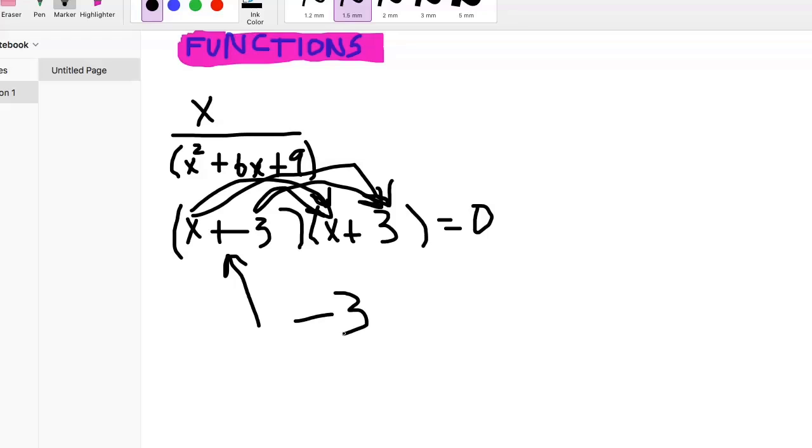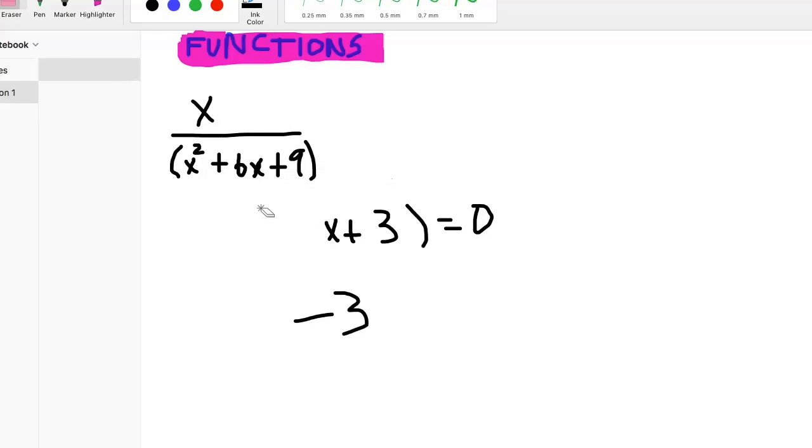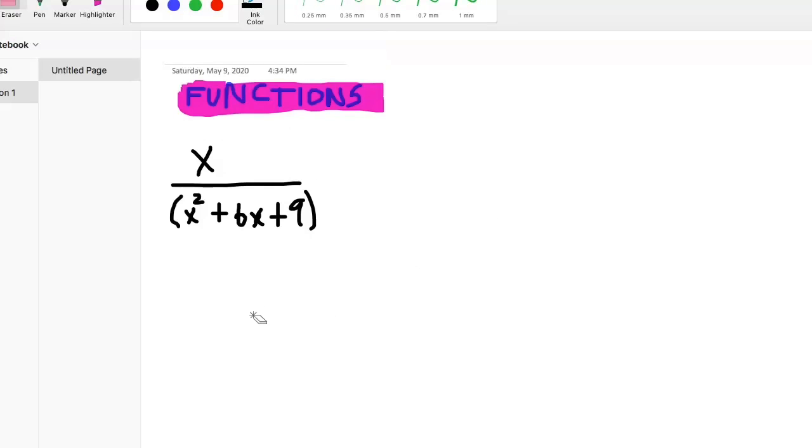Okay, and you can test this out. If you want to test it out, because it seems like this is some weird, crazy math you're doing on me here, Brad, then let's take a look. If we have x equals negative 3, that would mean we have negative 3 squared, I'm just plugging in for x, plus 6 times negative 3 plus 9.